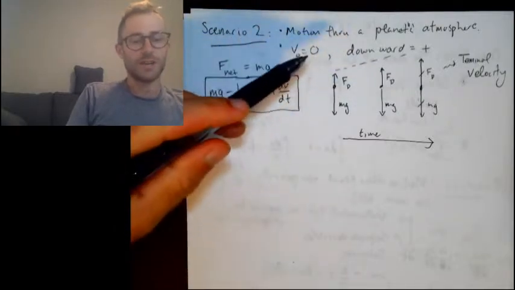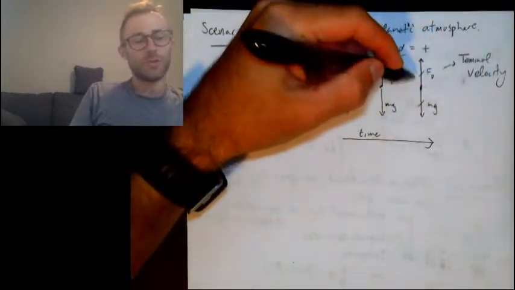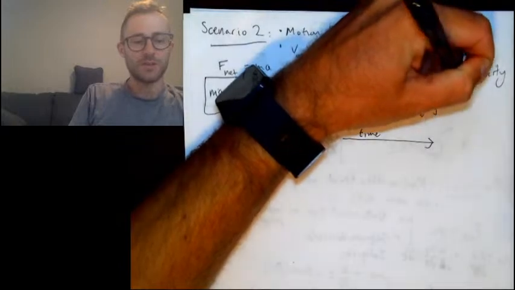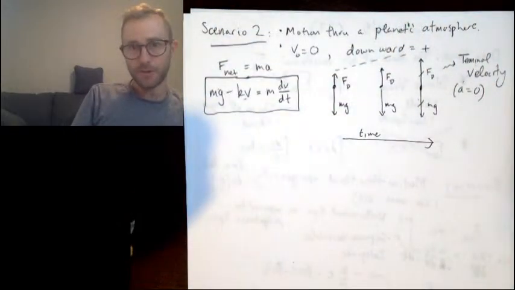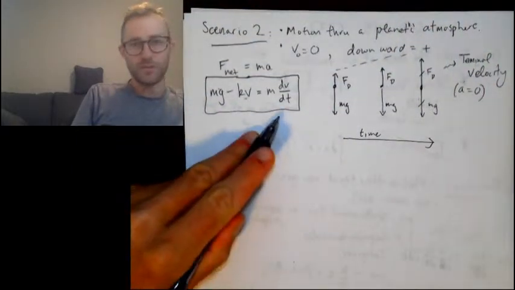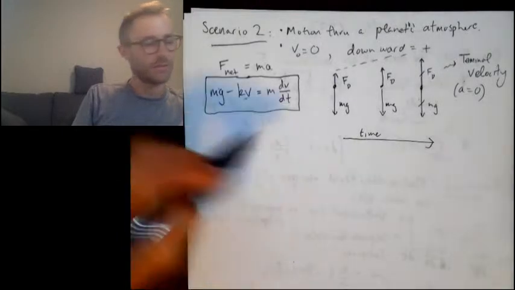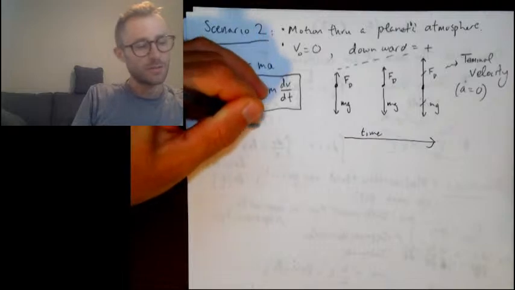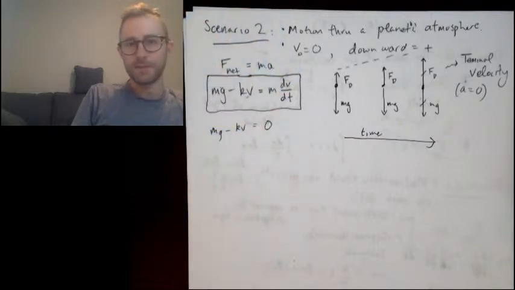We can actually calculate that, because once you reach your terminal velocity, you have an acceleration of 0. So what if we set the acceleration equal to 0? Then we have mg minus kv equals 0.